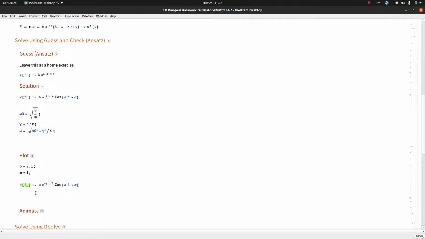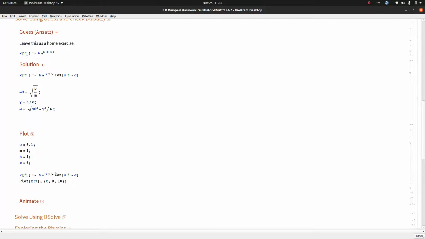And I'm going to plot x of t. And we're going to plot that from t goes from 0 to 10. I need to define an amplitude, and I need to define a phase shift. I'll set the phase shift equal to 0 for now.